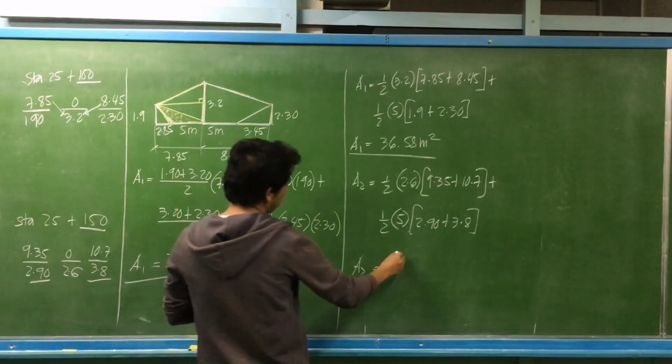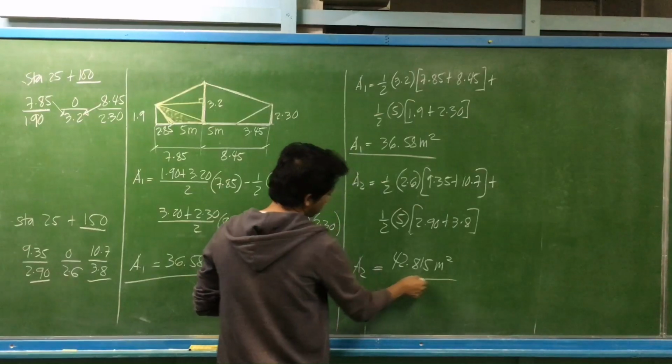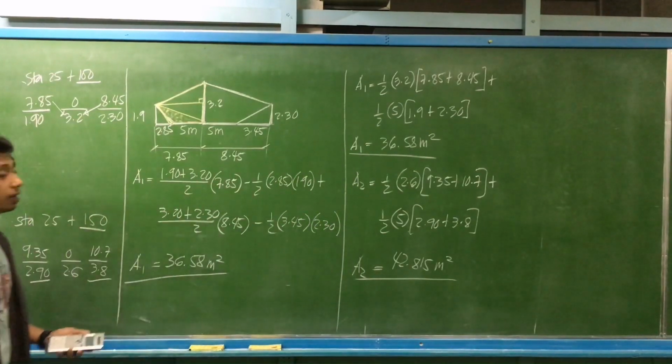Area 2 is equal to 42.815 square meters.